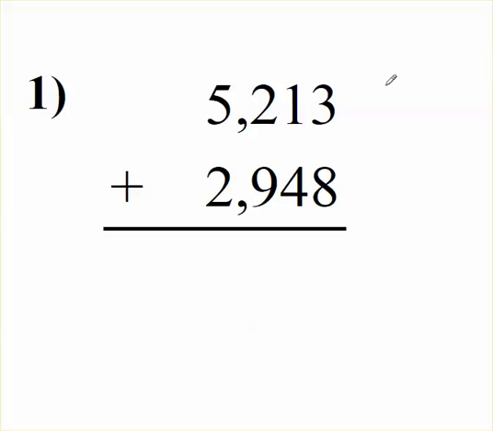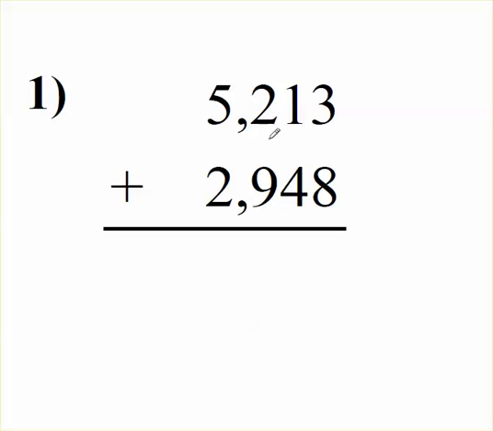Before we start, we have to talk about these different values, okay? This right here is the ones place, and in it we have a 3 and an 8, and it's really worth a 3 and it's really worth an 8. In the next column we have the tens column. This is worth 1 ten, so that's 10, and this is worth 4 tens, so that's 40.